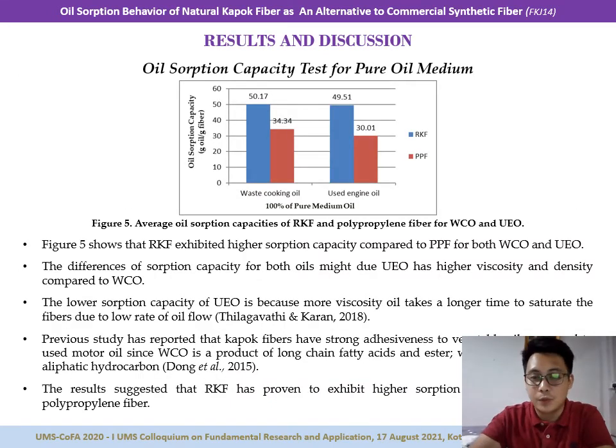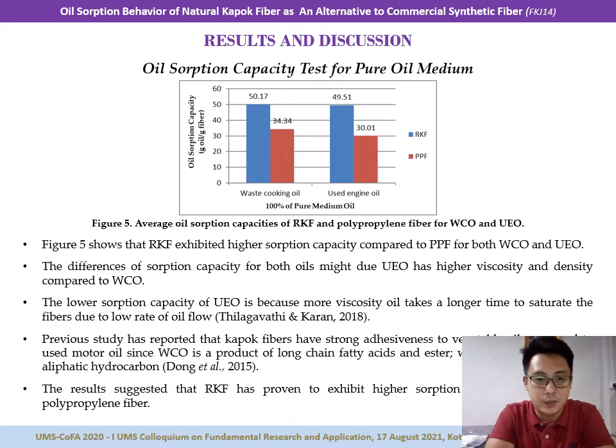Okay, so we will move to the results and discussion section. For the oil sorption capacity test for pure oil medium, as you can see in figure 5, the RKF exhibited the highest sorption capacity compared to the polypropylene fiber for both waste cooking oil and used engine oil.